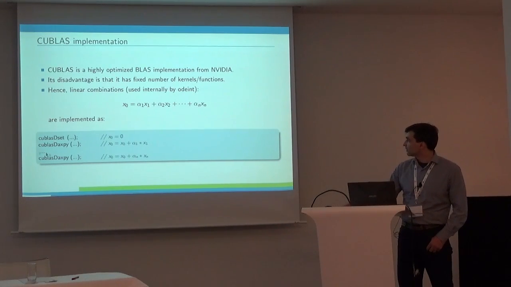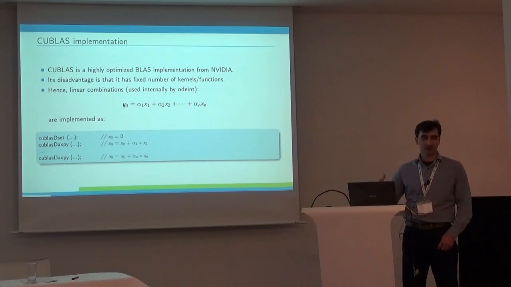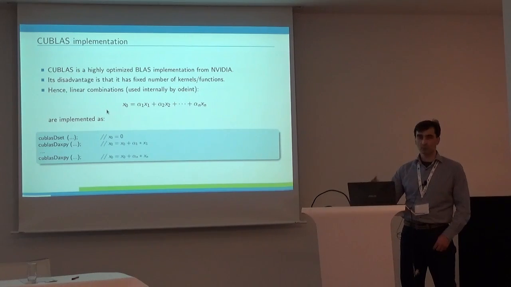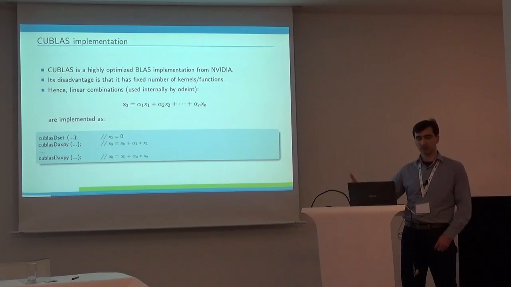So for example, Boost odeint uses these linear combinations in its internal code. And if you want to use cuBLAS to encode this linear combination, you have to split it into small sub-expressions. So you have to initialize the output to 0, and then you can subsequently add another term in this linear combination to the result.